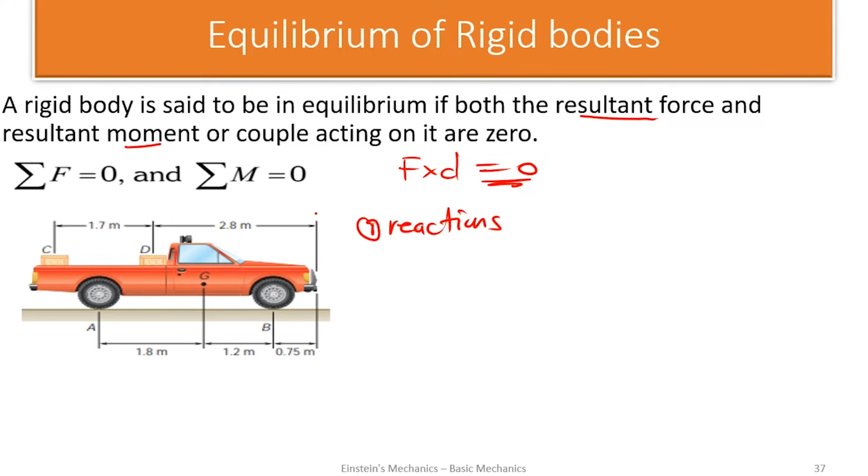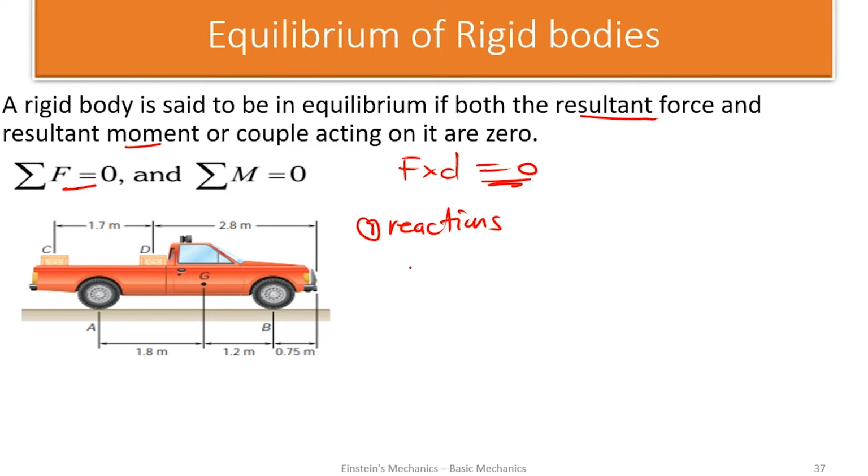Sometimes there are more than two unknowns; we will solve examples and you will understand clearly what I'm saying. So it is very necessary we take moment. The moment summation should also be 0. And if moment summation is 0, then the particle will also be in equilibrium. Are we good? So summation of forces is 0, as we have already explained, and summation of moment.